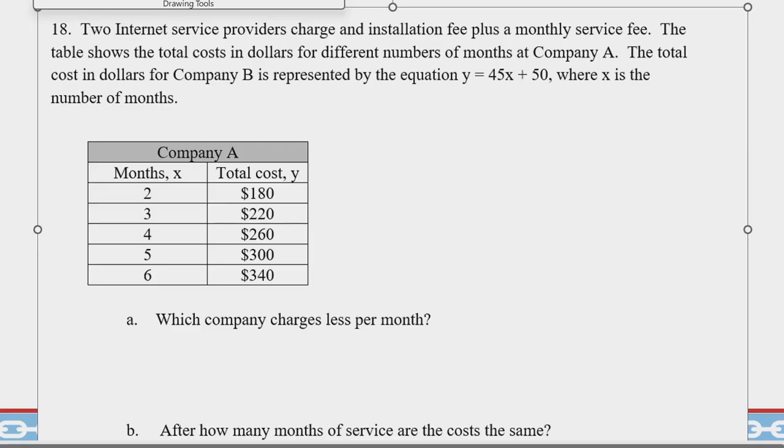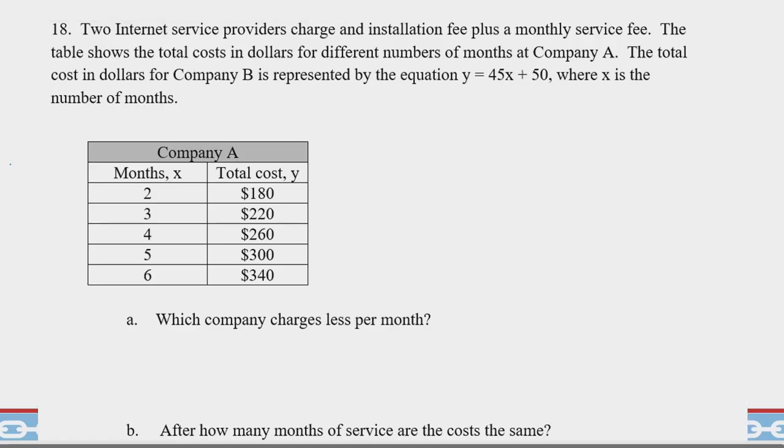So two companies, internet service providers, charge a monthly fee and an installation fee. Company A, Company B. Company A gives us a table, Company B gives us an equation. So part A asks us, which company charges less per month? Well, we see right here that the slope of this line is 45.